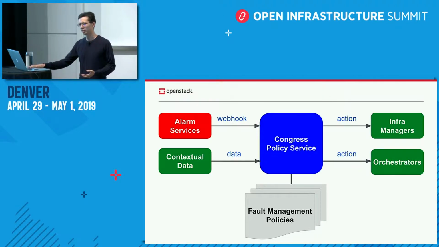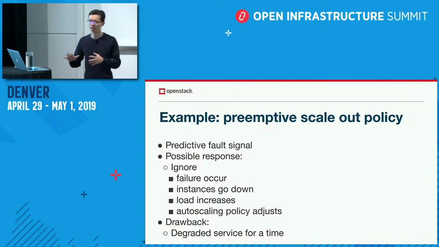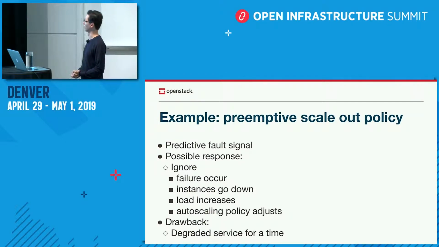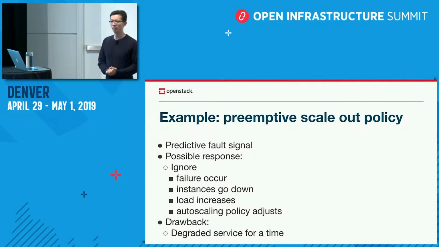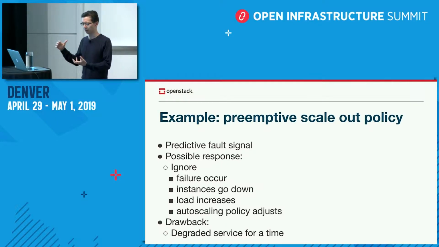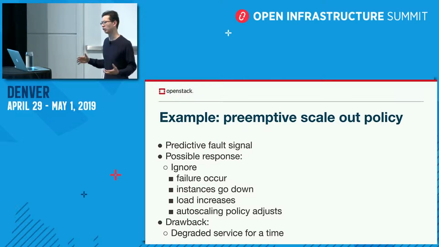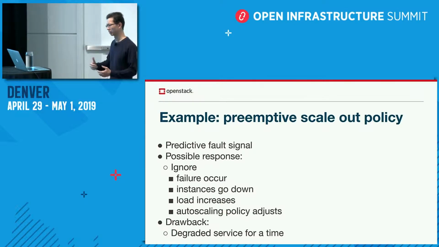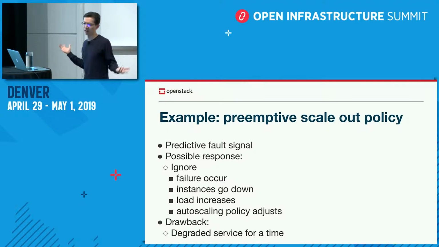I mentioned advanced fault management policies. So what does it look like? Right, so here's one simple but illustrative example we can look at: preemptively scaling out. In many cases, you have monitors on really mission critical applications. You have monitoring that can give you predictive fault signals, like, hey, a failure is likely to take place. So how can you respond?